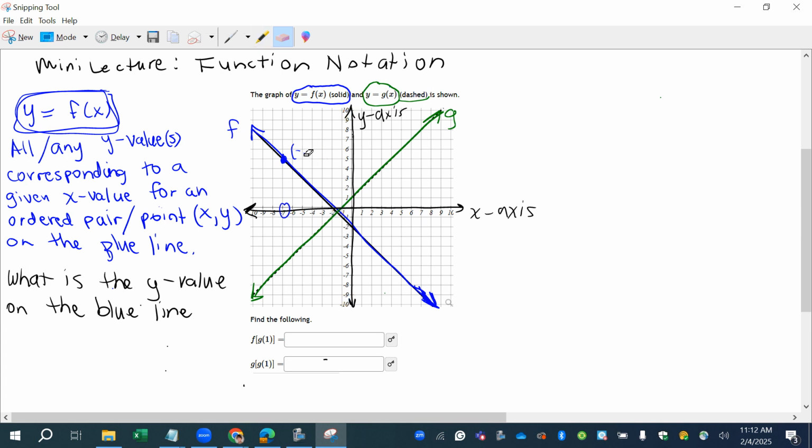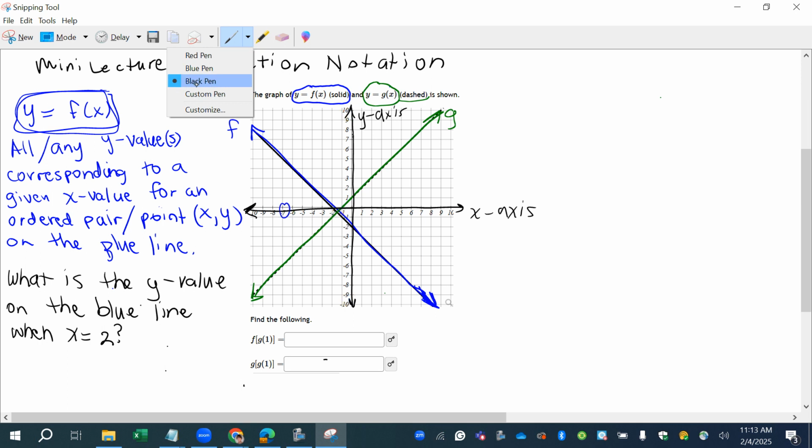So I'm going to be specific. I don't necessarily need to use that point. Let's say I ask instead on the blue line when x equals, we'll say 2, okay? So if I say, what is the y value on the blue line when x equals 2?